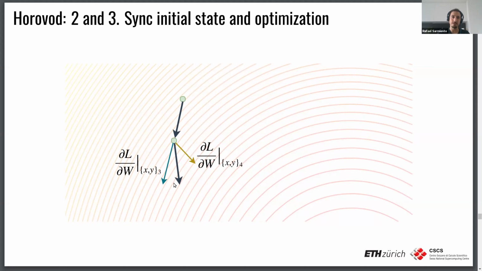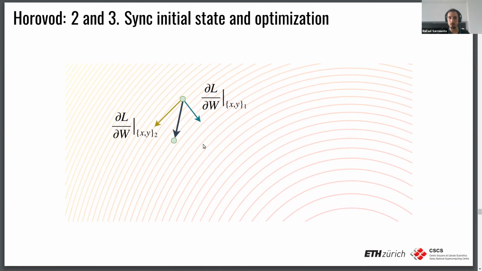Okay, so there are different ways of doing this. The average is not the only solution. If you do a single node, let's go back to batch 1 and batch 2, you're not going to move like this. If you do a single node for the same amount of data, you would get one gradient, and then you move here. Then you go to the next step, and then you move here.